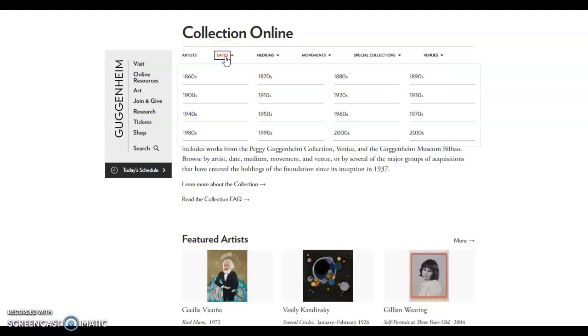They give dates on the time frame of which century or what time that you would like to look into, the art from 1860s all the way up to 2010s, which is a very wide range of art from what I find.